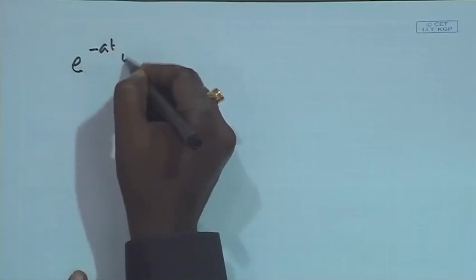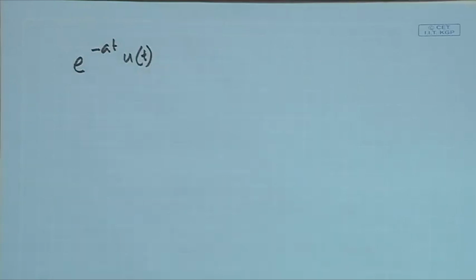Now let us try to derive a few Fourier transform pairs. Let us say I have a signal e to the power minus a t times u(t). We have already defined u(t): from minus infinity to 0 it is 0, and from 0 onwards its value is 1.